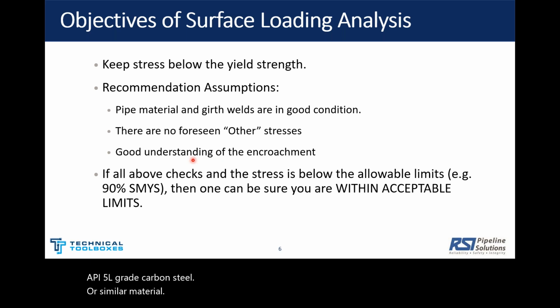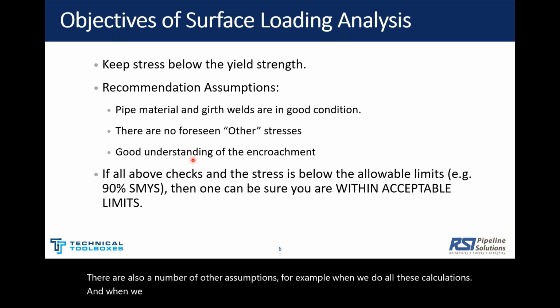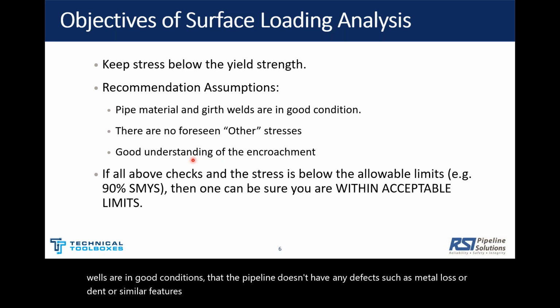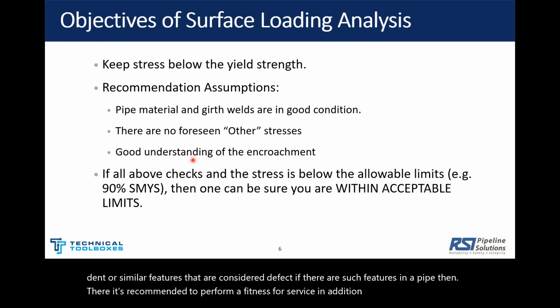There are also a number of other assumptions. When we do all these calculations and talk about the allowable limits, we are assuming that the pipeline and the girth welds are in good condition, and that the pipeline doesn't have any defects, such as metal loss or dents or similar features that are considered defects. If there are such features in a pipe, then it's recommended to perform a fitness for service assessment in addition to a surface loading analysis.